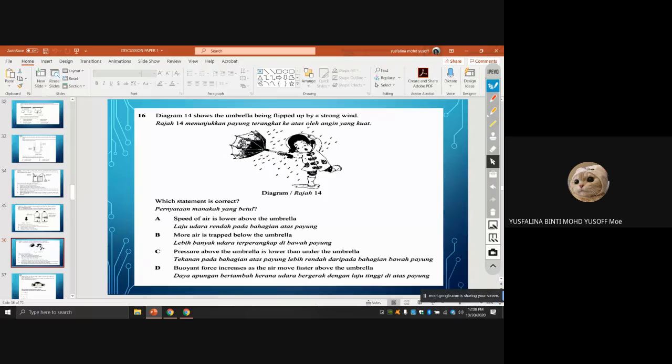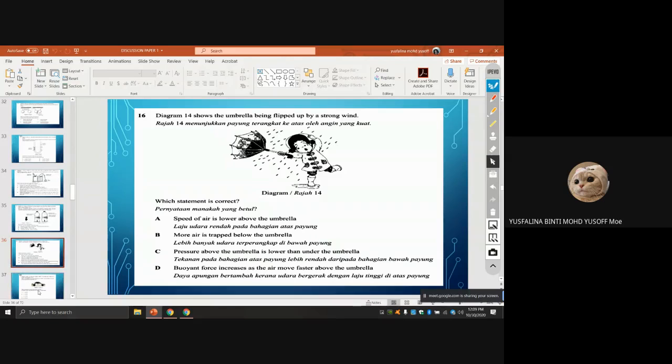For B, more air is trapped below the umbrella, so wrong. Pressure above the umbrella is lower than under the umbrella, so the answer should be C. That's why the umbrella moves upward like this. So number 16, the answer is C.